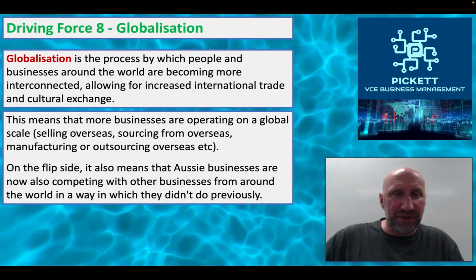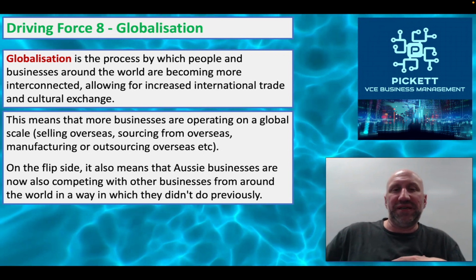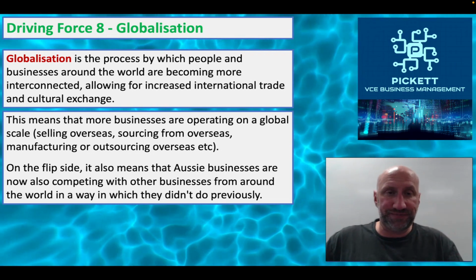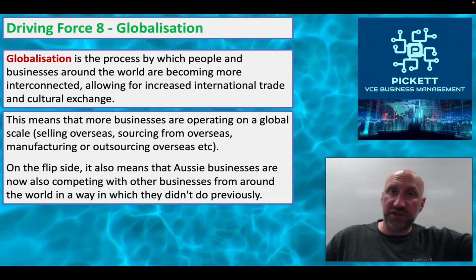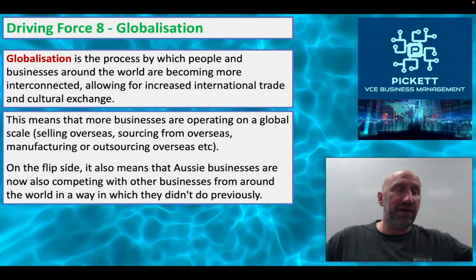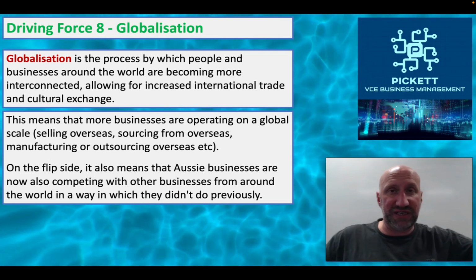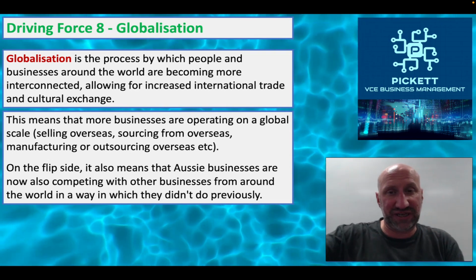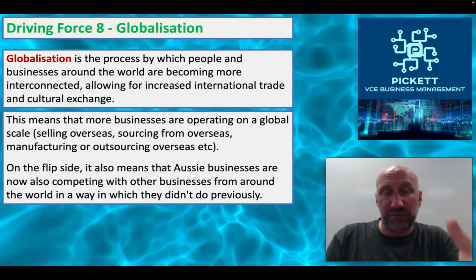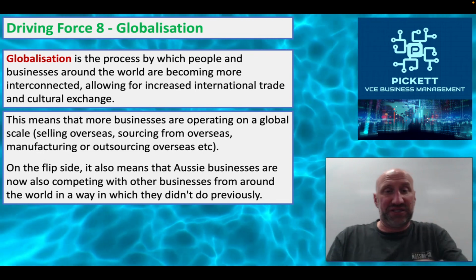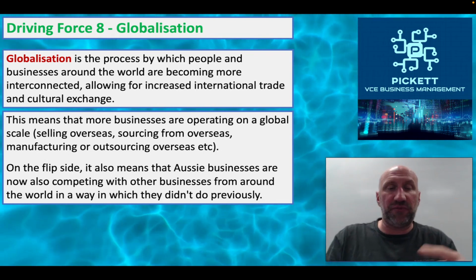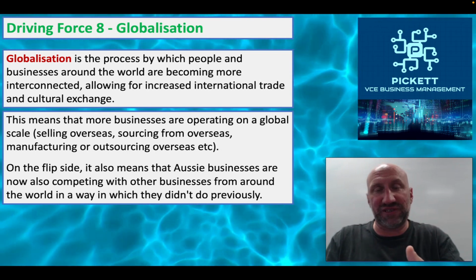Lots of reasons it's happened. But basically what it means is that more and more businesses these days are operating on a global scale, either selling to overseas markets, sourcing stuff from overseas, manufacturing overseas, outsourcing overseas, all of that stuff. There are strategies now available to businesses. On the other side, it also means that Australian businesses are now competing with other businesses from around the world in a way which they didn't previously.